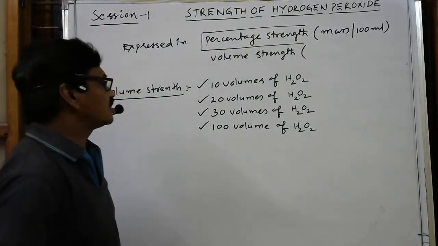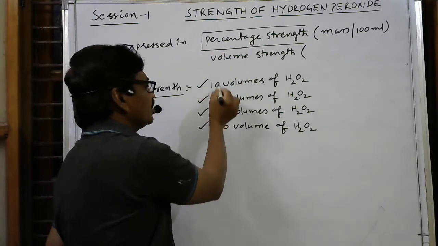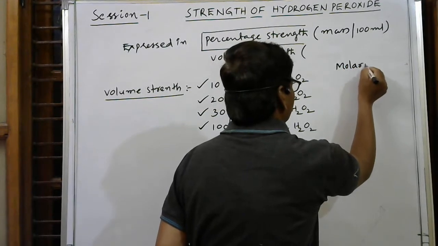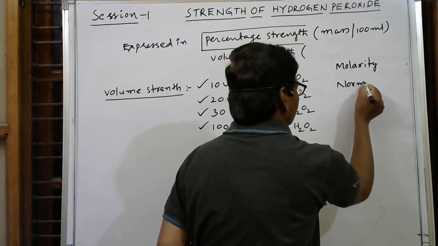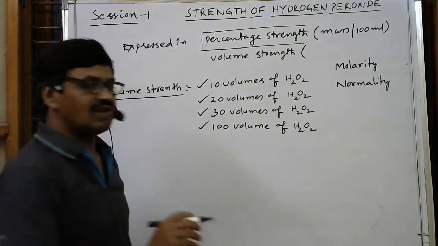So here four concepts are important: percentage strength, volume strength, molarity of H2O2, then normality of H2O2. Questions come from these only: normality, molarity, then volumes.